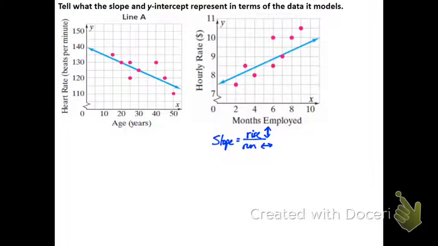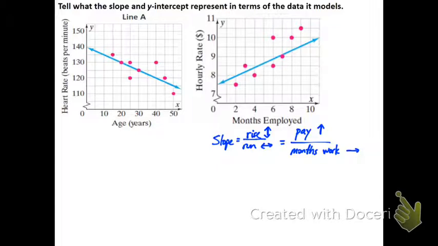My rise is my hourly rate. I'm going to put it as pay. So my pay goes up. And then the bottom is months employed. Months working. As I work longer, my pay goes up.